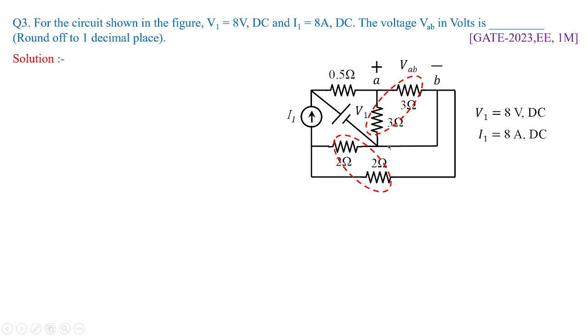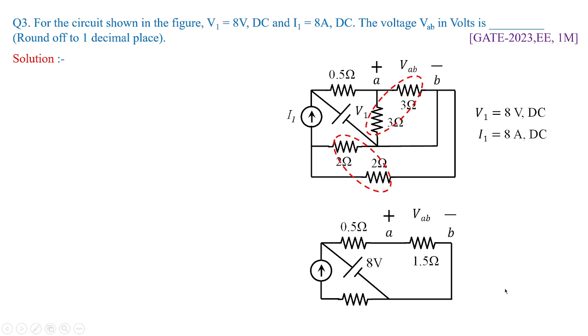Just redraw the given circuit like this. As I told you, 3 and 3 will give you 1.5, and this 2 and 2 in parallel will give you 1.